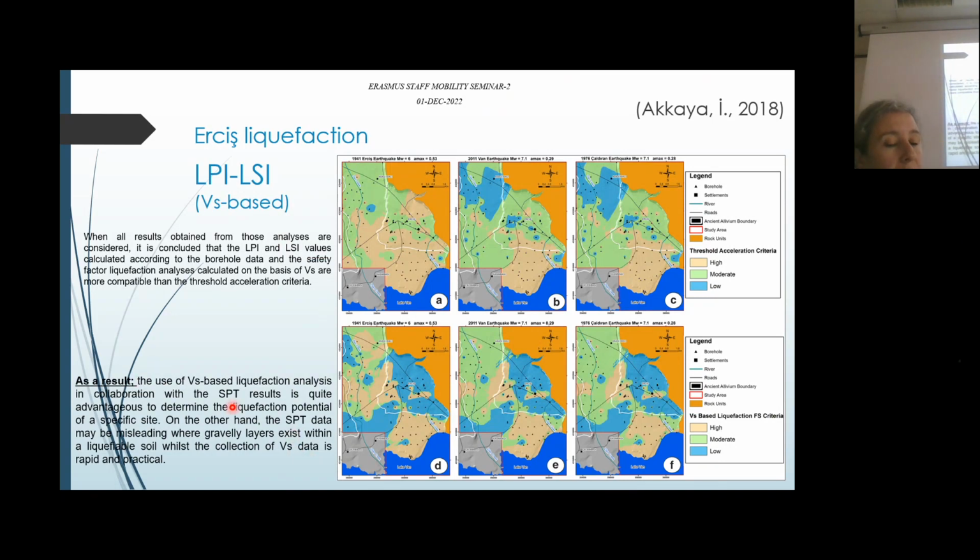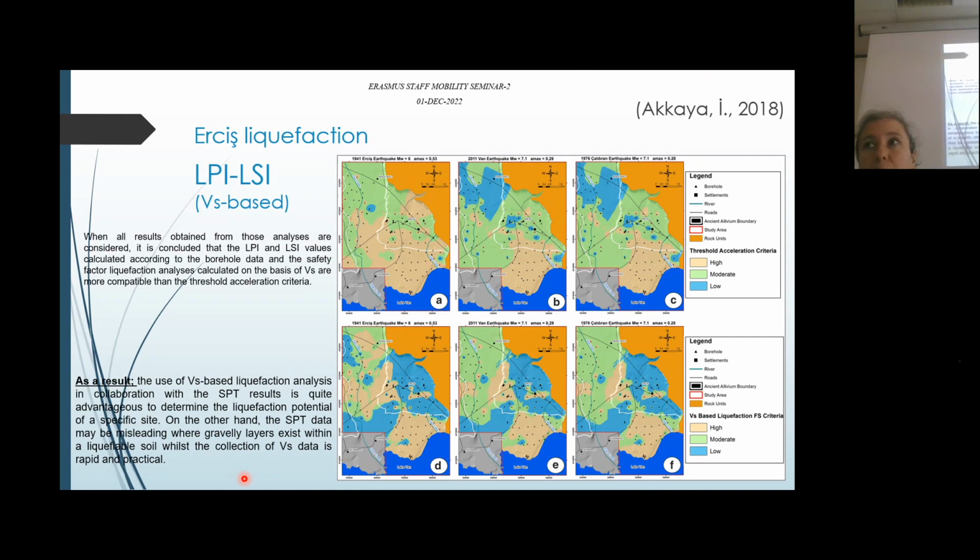So as a result, we thought that the use of VS-based liquefaction analysis, when you combine it with the SPT test results, should be quite advantageous for us, comparing the specific site. But this SPT data may be misleading, or there are again some correction problems that we are having so far, especially in gravelly layers.